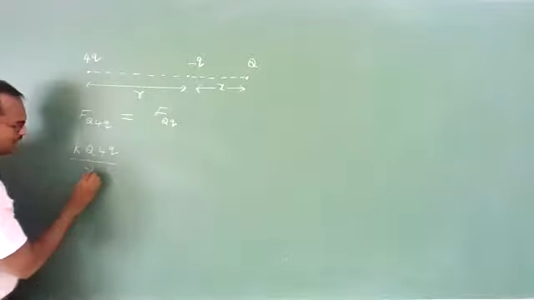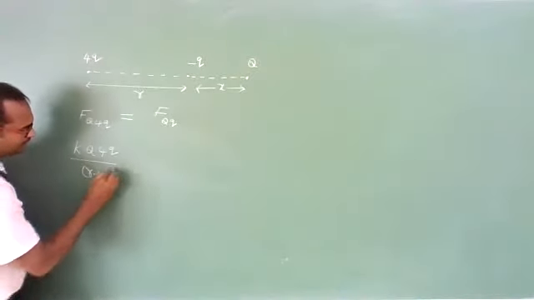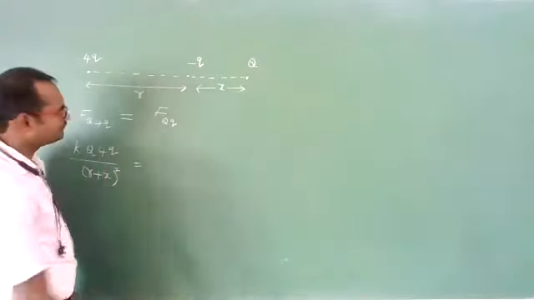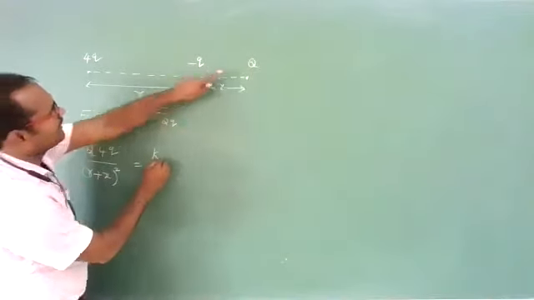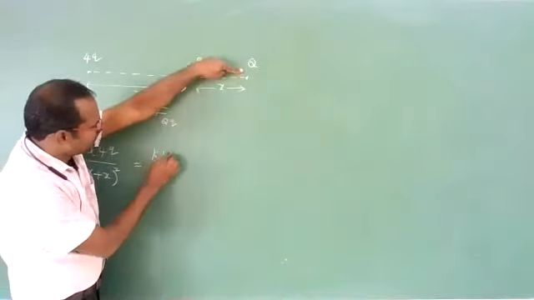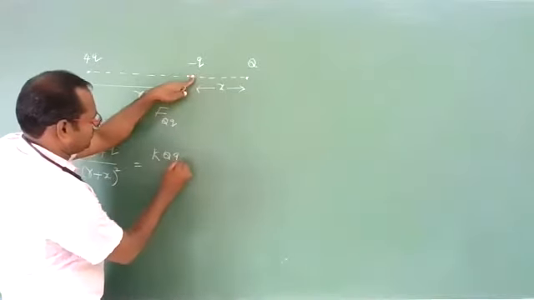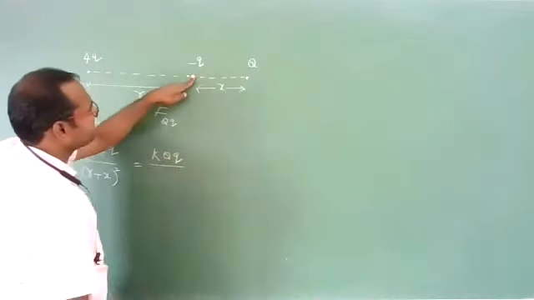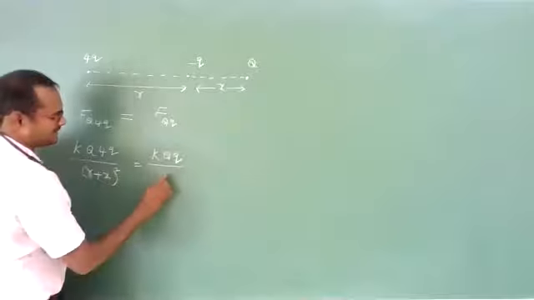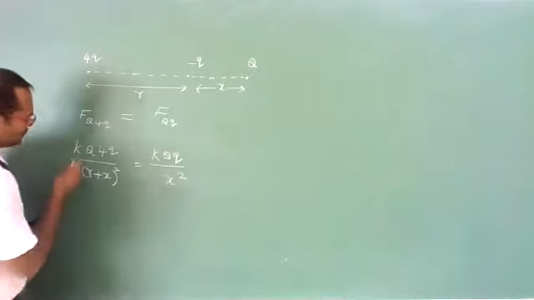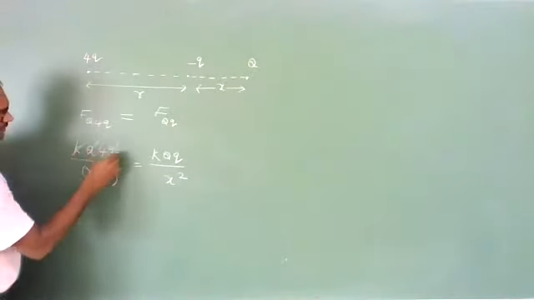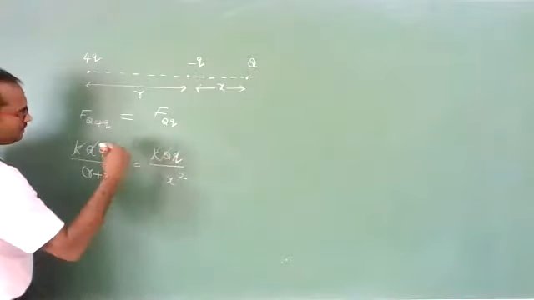So K Q 4q divided by the distance from 4q, which is (R plus x) whole square, should be equal to K Q q divided by x square. K, capital Q and small q cancel.